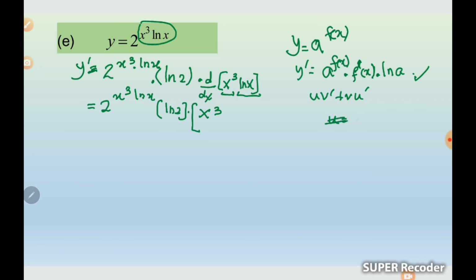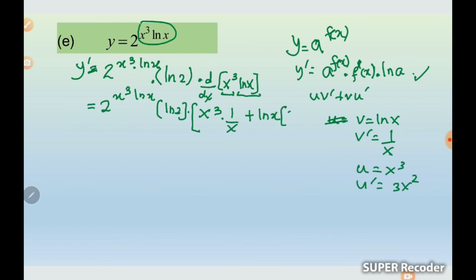If v equals ln x, v prime equals 1 over x. And if u equals x cubed, u prime equals 3x squared. So u v prime is x cubed times 1 over x, plus copy ln x, v, times the derivative of x cubed, 3x squared.